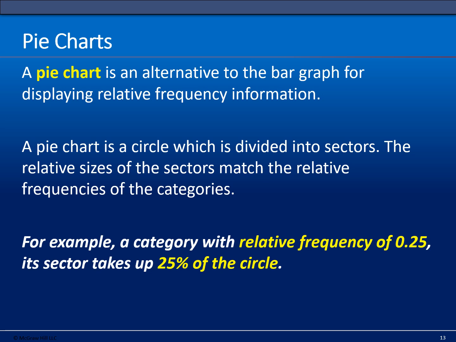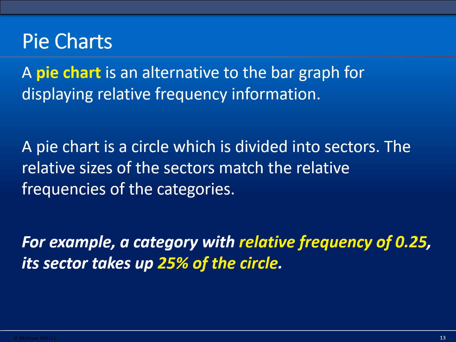A pie chart is an alternative to a bar graph for displaying relative frequency information. I think you all know this probably. A pie chart is a circle which is divided into sectors, and the relative sizes of the sectors match the relative frequencies of the category.